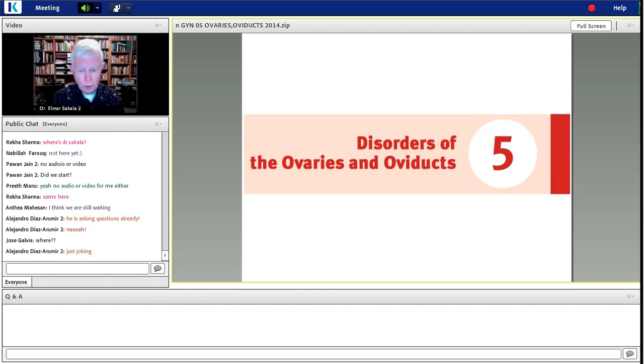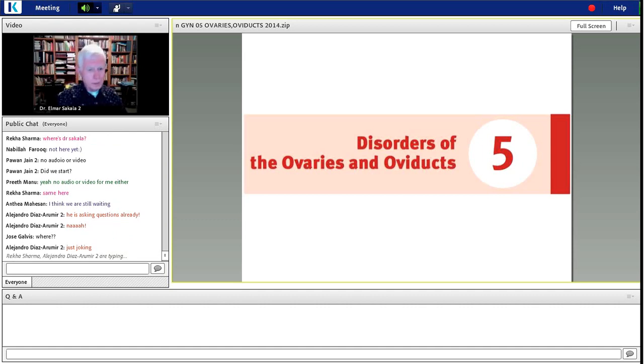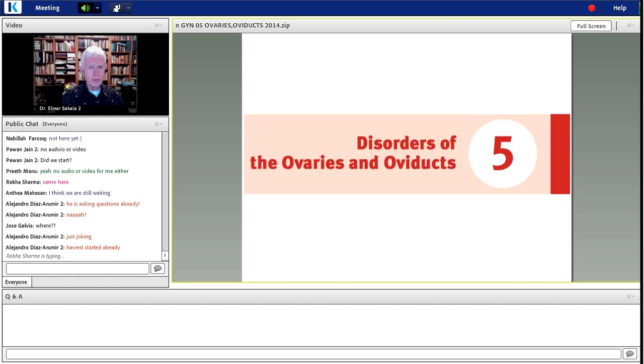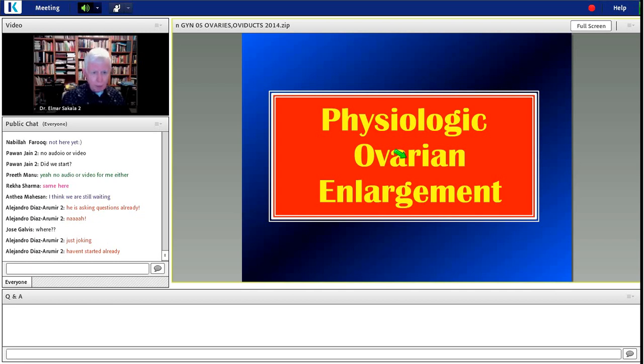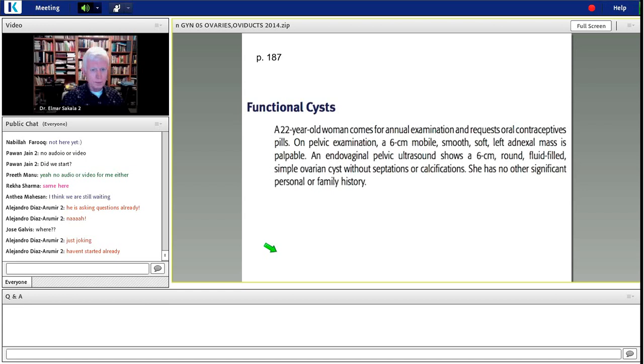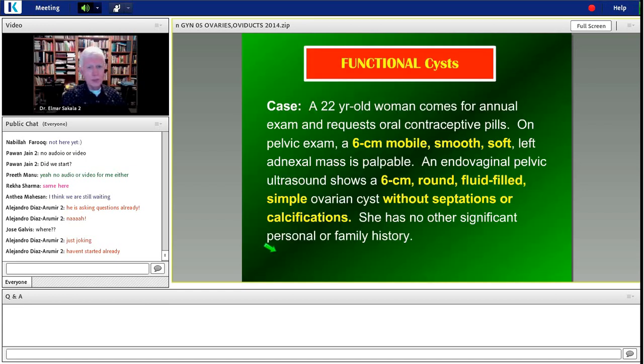Okay, so welcome back to the last hour for tonight, and we're going to go to chapter 5, disorders of the ovary and the oviducts. The first thing we want to talk about is physiologic ovarian enlargement. Here's our case, page 187. A 22-year-old woman comes for annual exam and requests oral contraceptive pills.